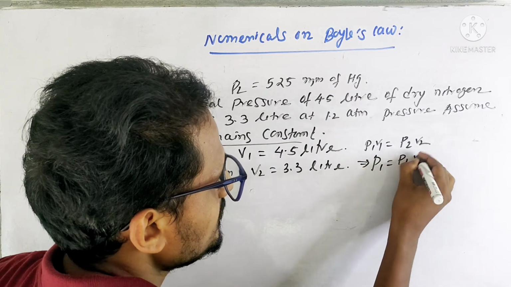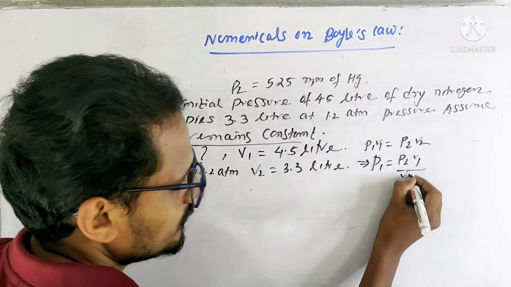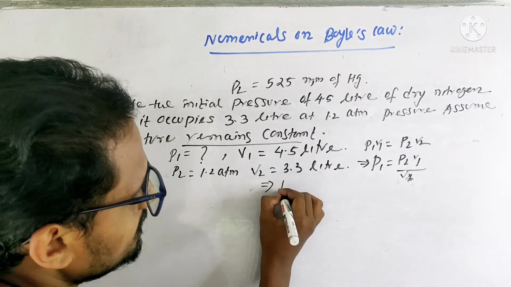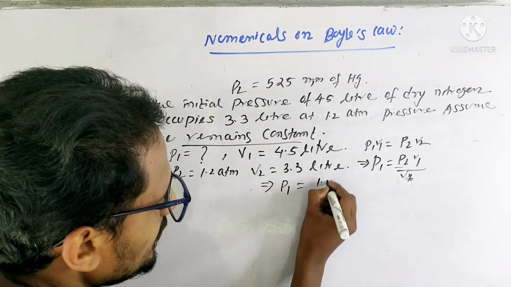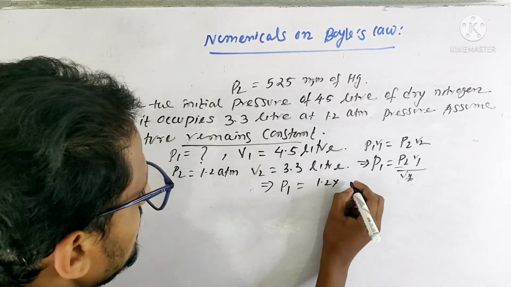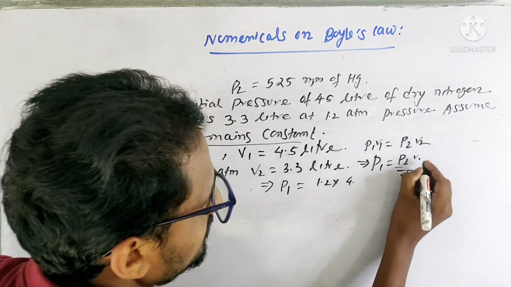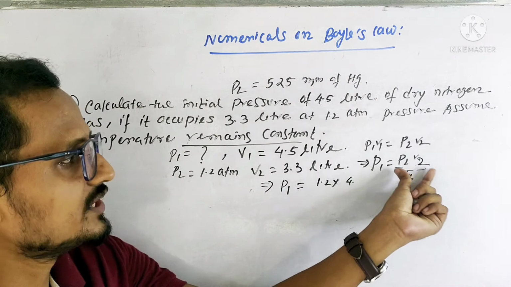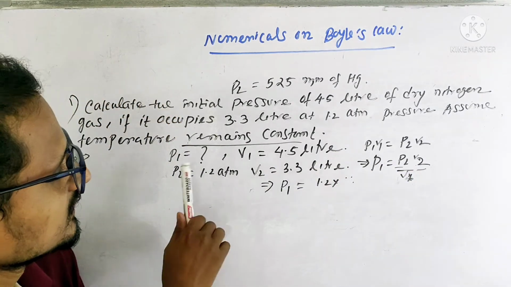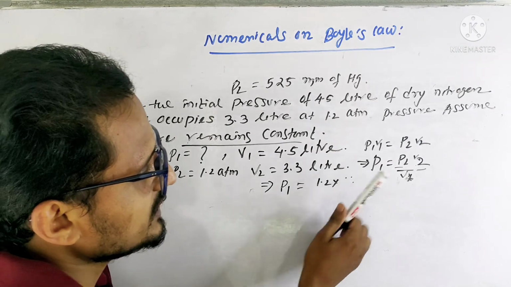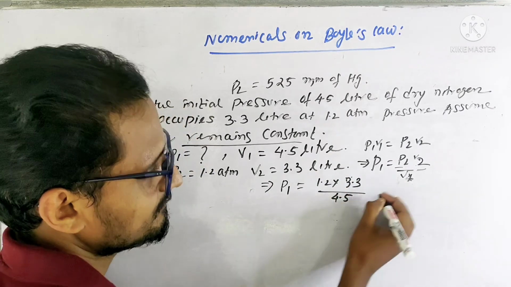From here we have to calculate P1, so P1 equals P2 V2 by V1. P2 is 1.2, V2 is 3.3, V1 is 4.5.